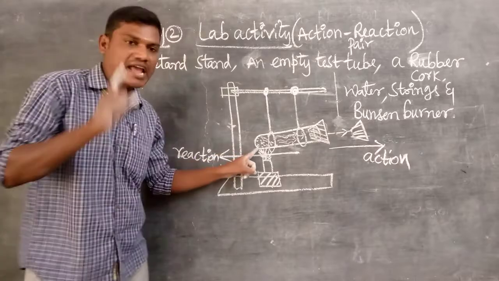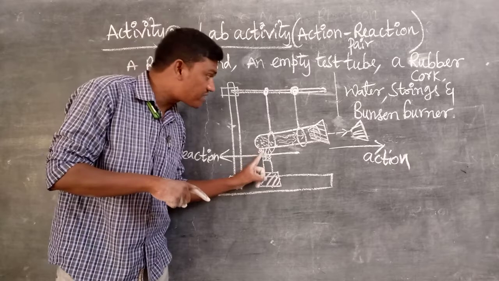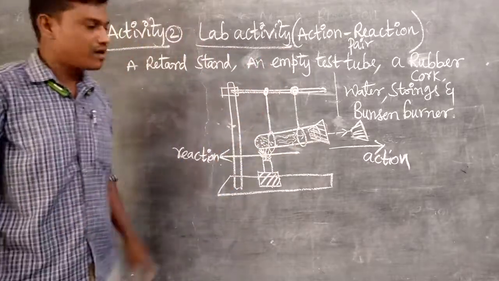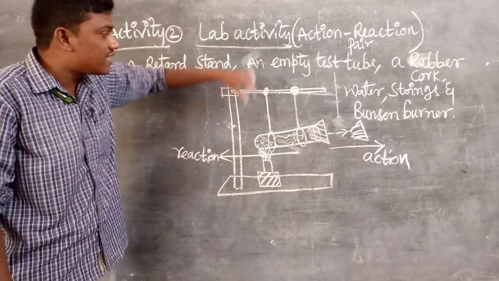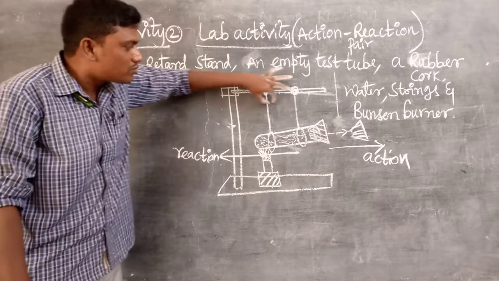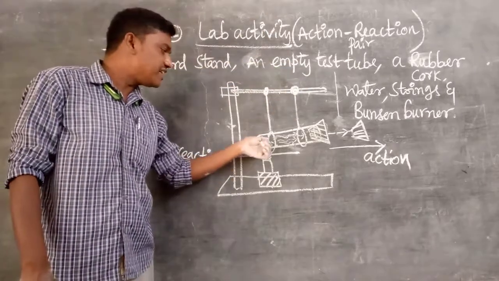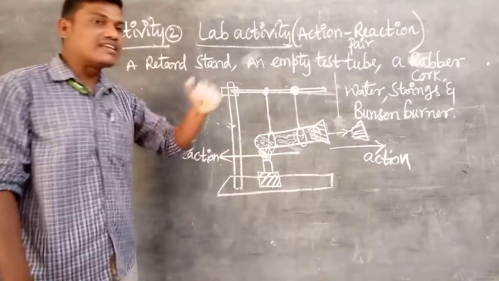So first of all, we take an empty test tube filled with a little bit of water, and the open mouth of the test tube is closed with a rubber cork. Now the test tube is freely suspended in the air horizontally with the help of a rigid support through the inextensible string. Now the water is gently heated in the test tube with the help of the Bunsen burner until the water is vaporized.